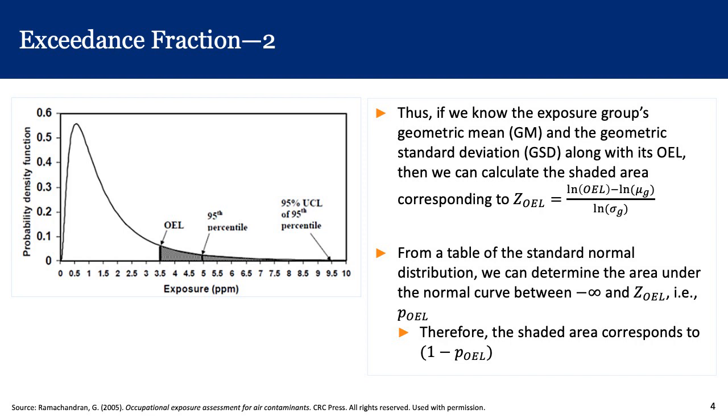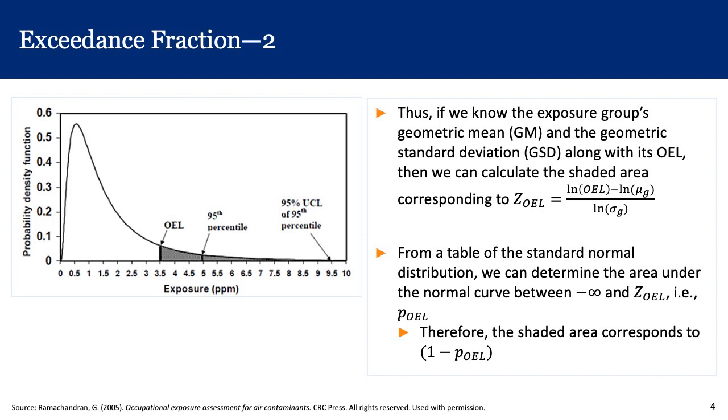As we know from our previous discussion, the total area under the curve is 1 or 100%. And we want to find out the area of the shaded part, which is the probability that is greater than the OEL. So if you were to make a single measurement, what is the probability that it exceeds the OEL of 3.5? That is shown by this shaded area.